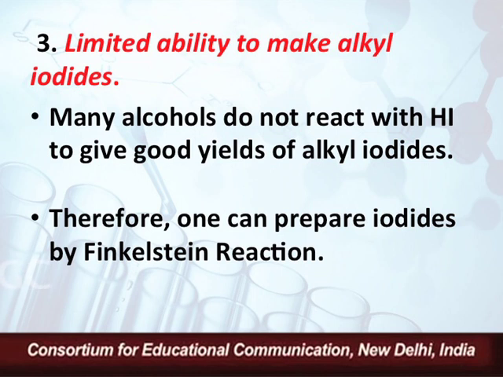Third, we find that there is limited ability to make alkyl iodides by reaction of an alcohol with HI, because many alcohols do not react with HI to give high yields of alkyl iodides. Iodides can be prepared by an alternate method, the Finkelstein reaction.